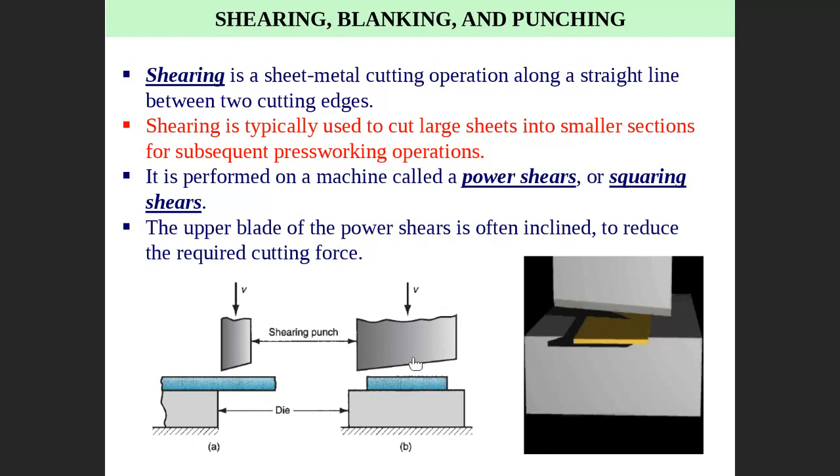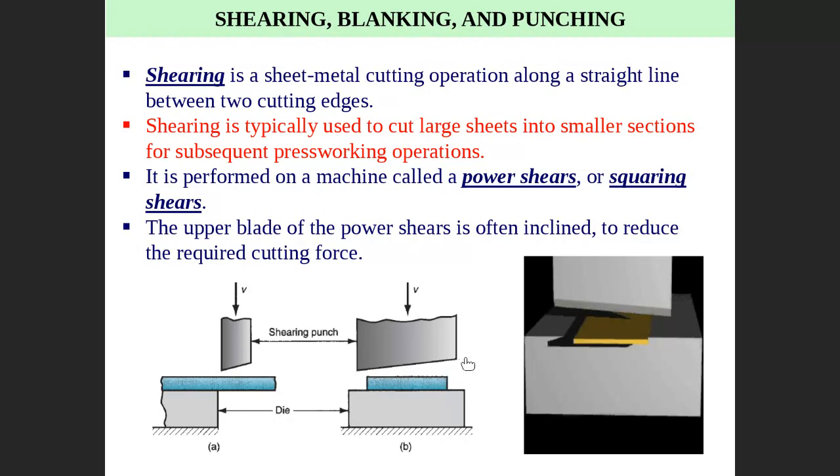And here you can see that the blade, or the punch blade, is not straight, but is inclined. Why is the blade inclined? The blade is inclined so the force will increase gradually. The blade will start the process here. It will contact initially at this point, and then gradually more points will contact.